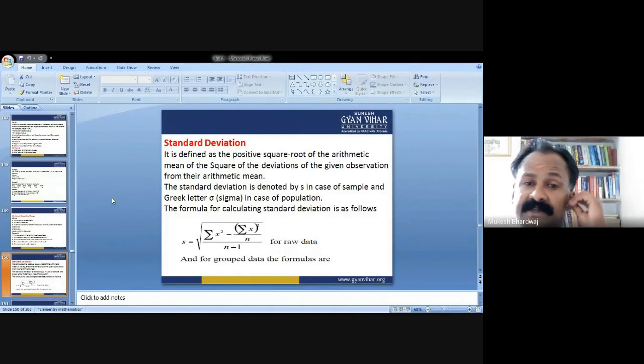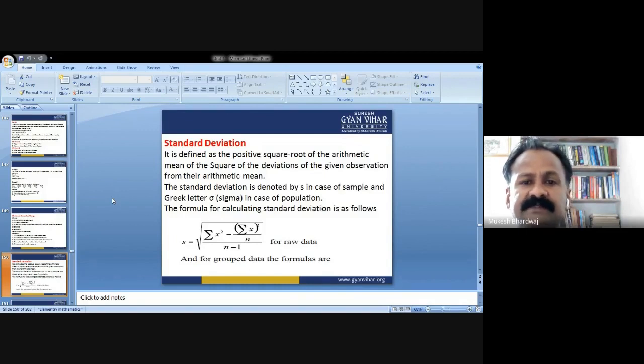While studying the standard deviation, for calculating it you have to memorize the formula, which is given in the slide or in any standard book, because without the formula the standard deviation cannot be calculated, and the formula is quite easy to understand and memorize. Its definition is started by the formula itself.